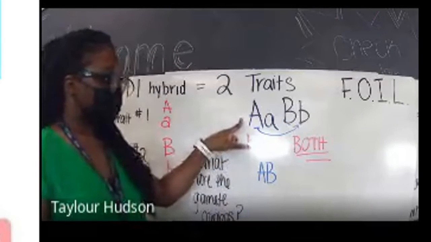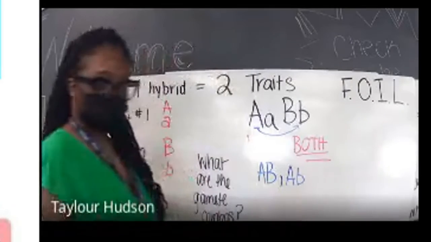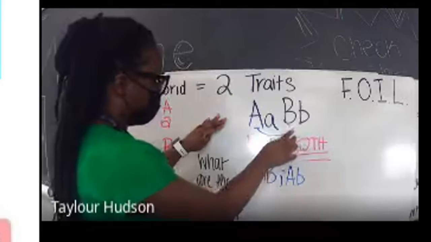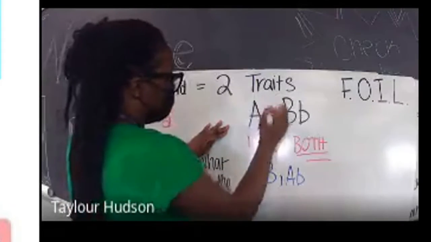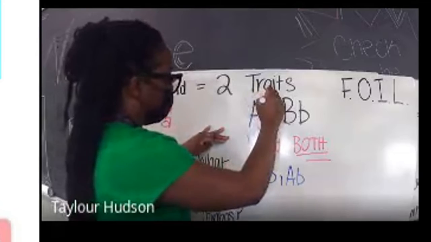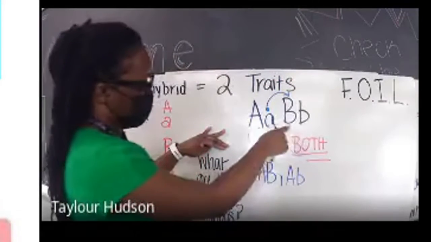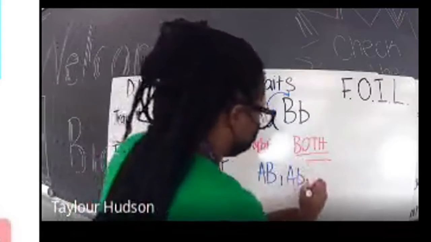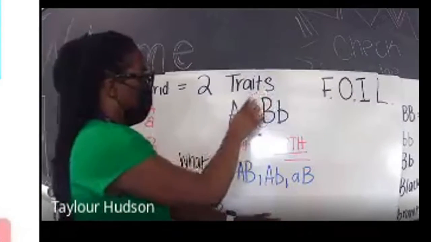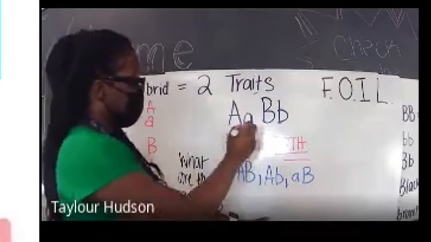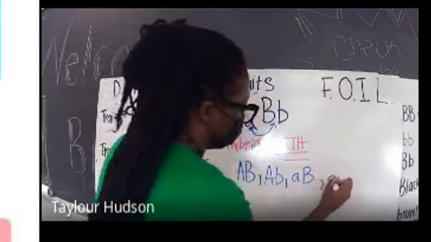So that's capital A, lowercase b. All right. Next, inner. So I'm going to do my second A and my inner B, which is a lowercase a, uppercase B. And then last, second letter, last letter.